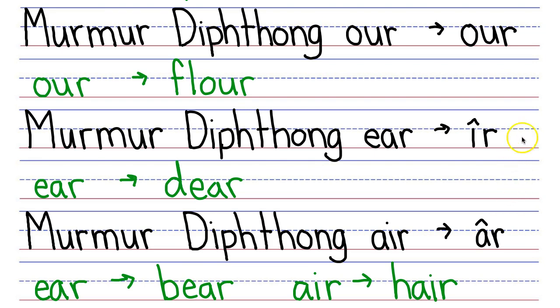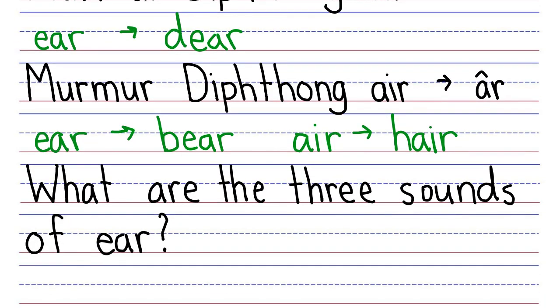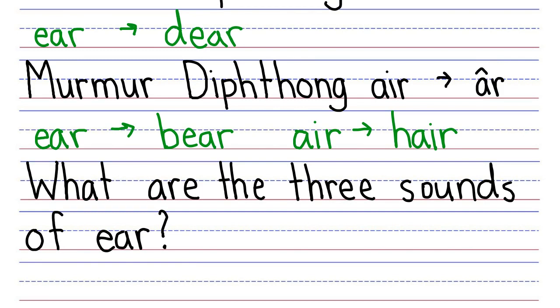Now, of the 19 multi-letter vowel phonograms that we have learned so far, 17 of them make just one sound, and 2 of them make multiple sounds. So let's look at the ones that make multiple sounds. Okay, one of those is the EAR phonogram. The text here says, what are the 3 sounds of EAR?